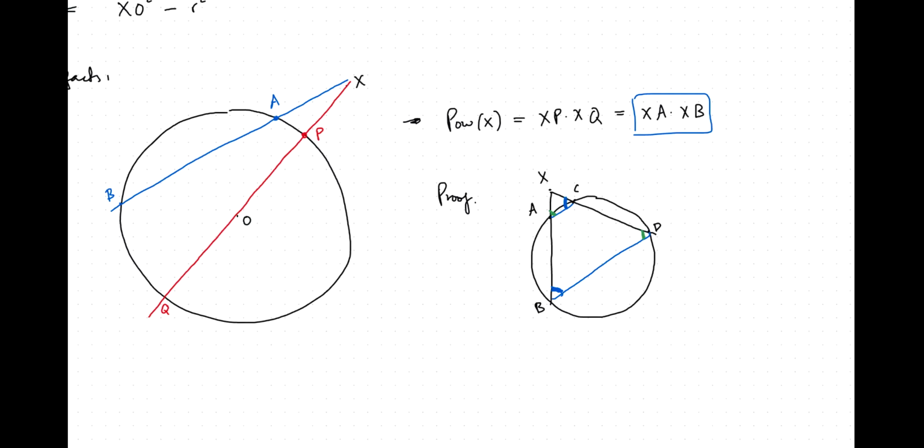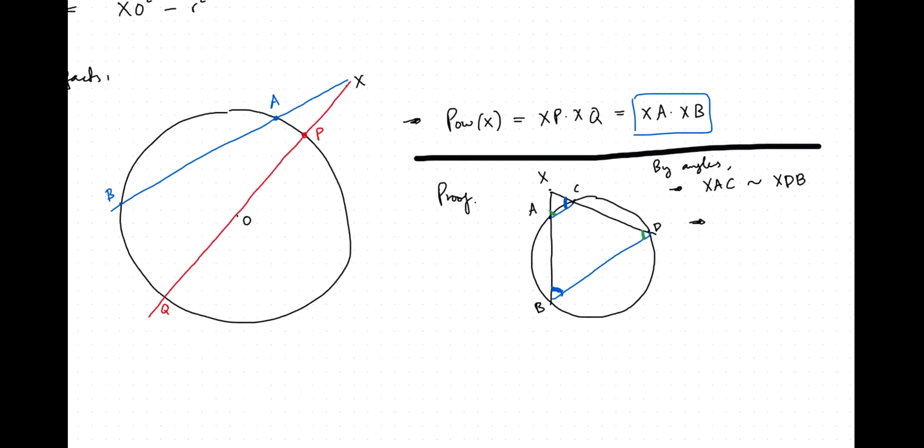So you can say XAC is similar to XDB by angles. By the way, maybe better notation is to call them M and N, to emphasize different roles.